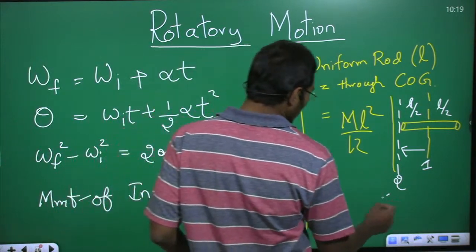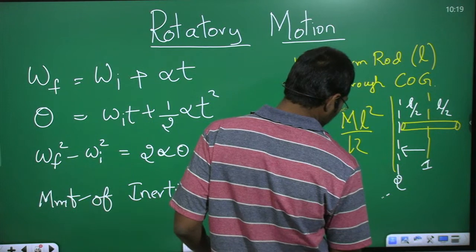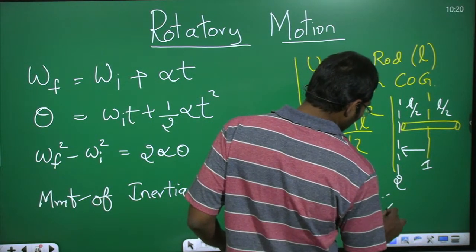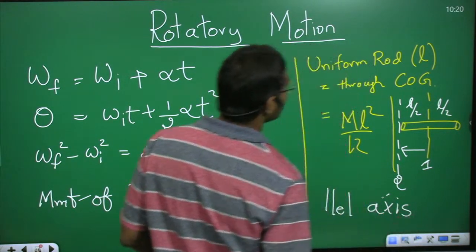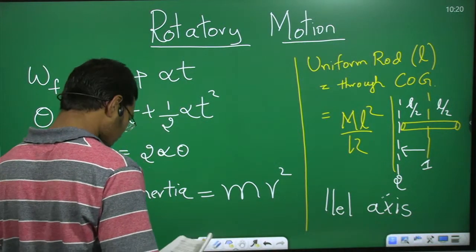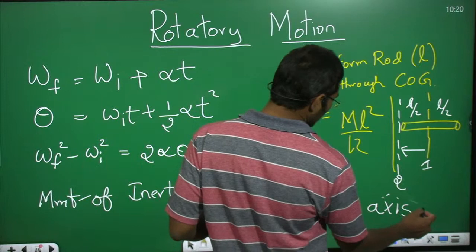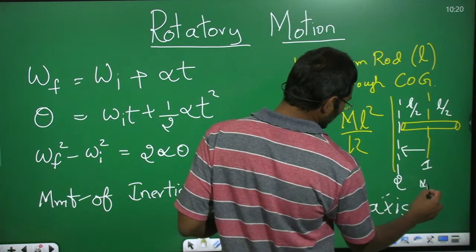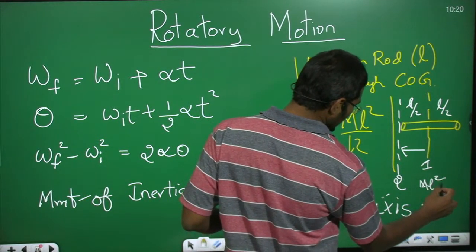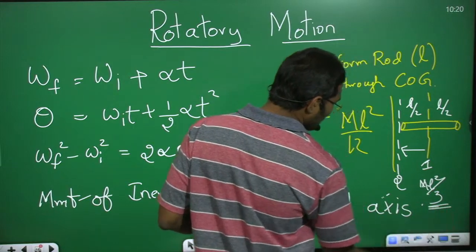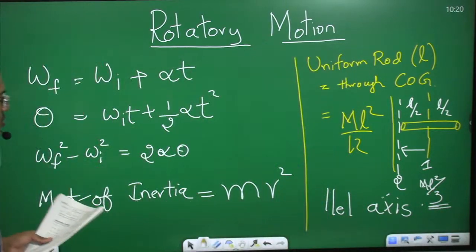See, use parallel axis theorem. See, what is parallel axis theorem? If you use parallel axis theorem, you get ml square by 3, if it passes through axis 2.